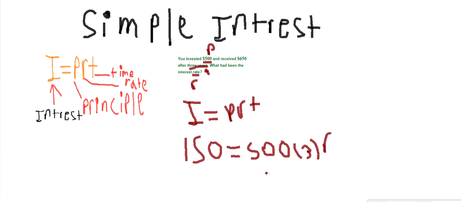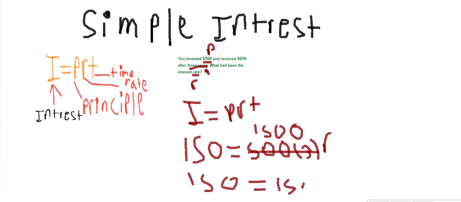So then this thing turns into 1,500. So then you have 150 is equal to 1,500 R. Divide both sides by 1,500.